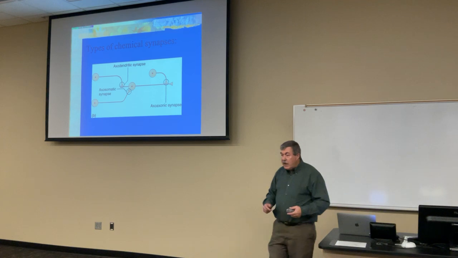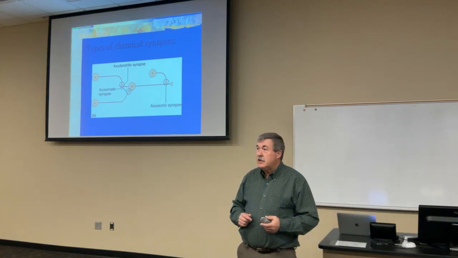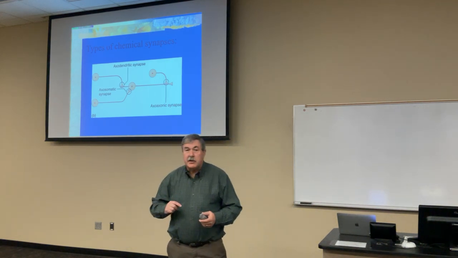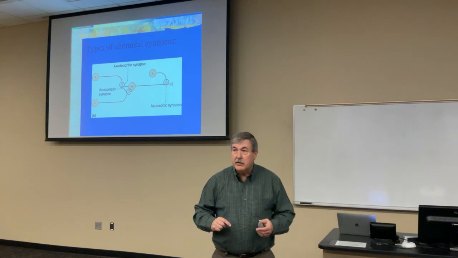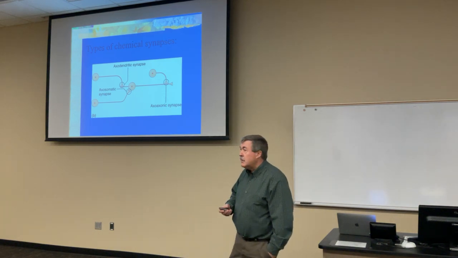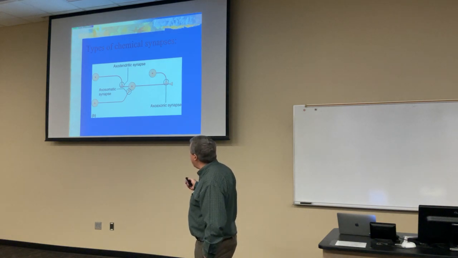Now, as it turns out, there's different kinds of chemical synapses, depending upon what part of the postsynaptic neuron is stimulated. Basically there's three types of synapses, and these have three different names. The most common type of synapse is an axodendritic synapse.